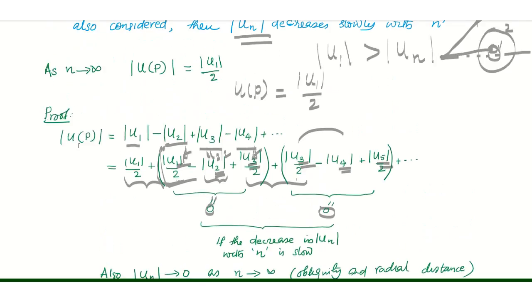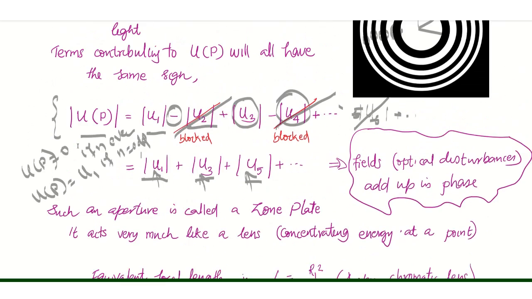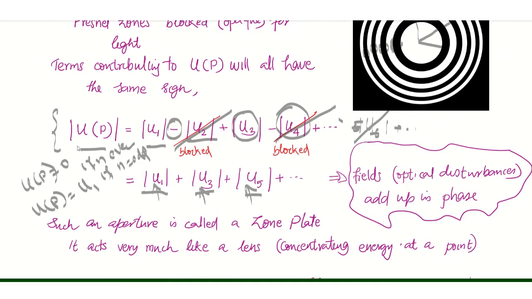And if you take into account the obliquity factor, etc., you get this value. That is interesting. If you block alternate Fresnel zones, then the fields are in phase. It means the resultant field on the screen will never go to 0.